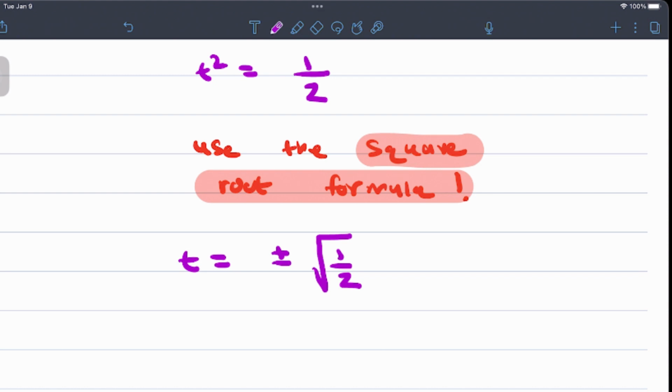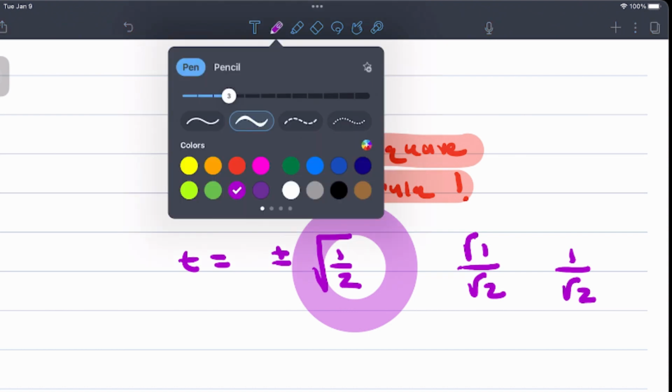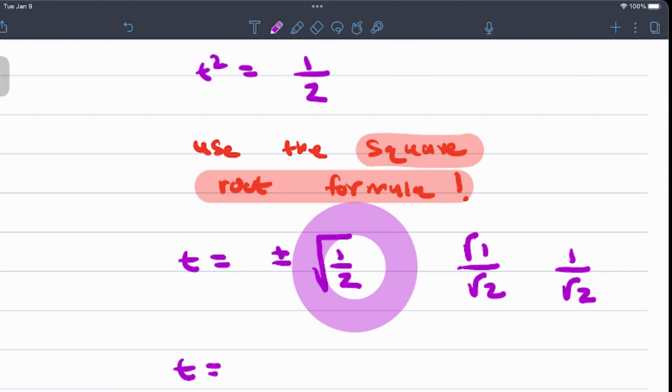We already did. Okay, now though, we're gonna use some more algebra. You say, what do you mean here? Well, isn't this the square root of 1 over the square root of 2? Which is 1 over square root of 2. Okay. So the t now that you get is going to be what? There's two answers for t. Now I'm going to keep this denominator. I'm not going to rationalize the denominator.